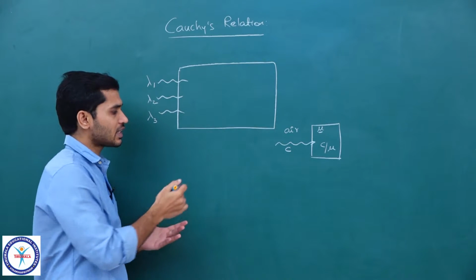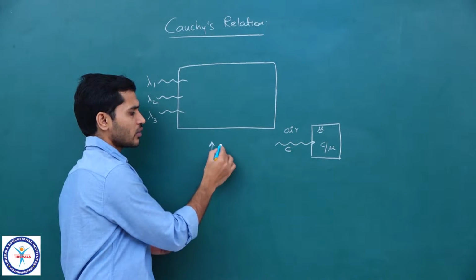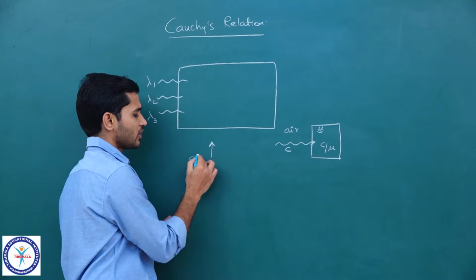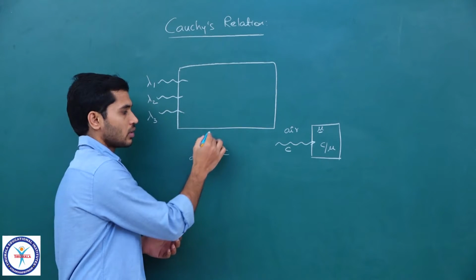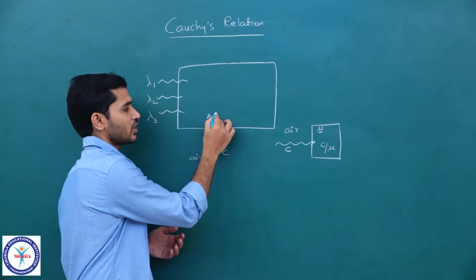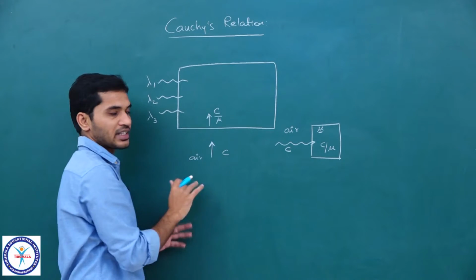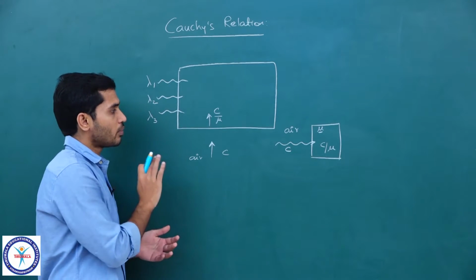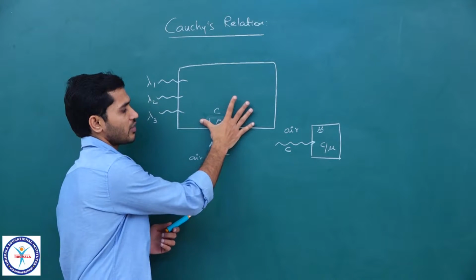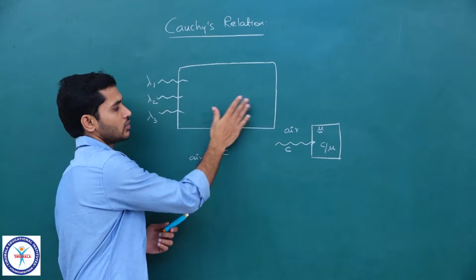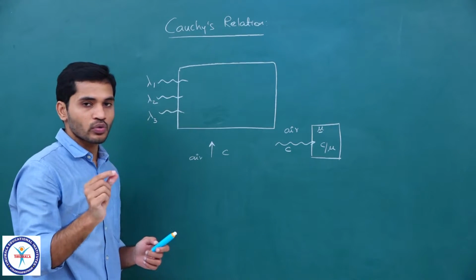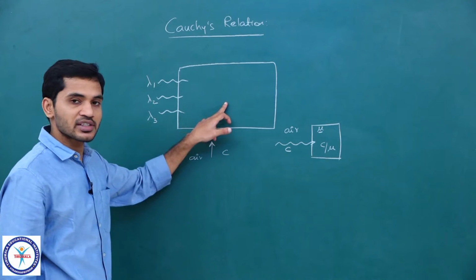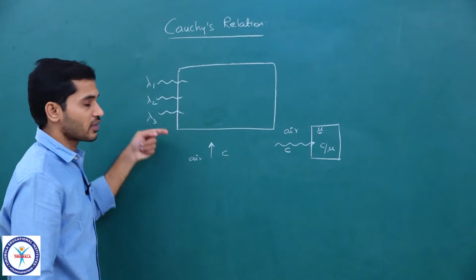We have considered that if the speed of light in the air medium is c, the refractive index in this medium is c by mu. That is what we have discussed till now, but Cauchy's relation is something we have not applied yet. It states that there will be a small variation in the refractive index of this medium for different wavelengths of light.